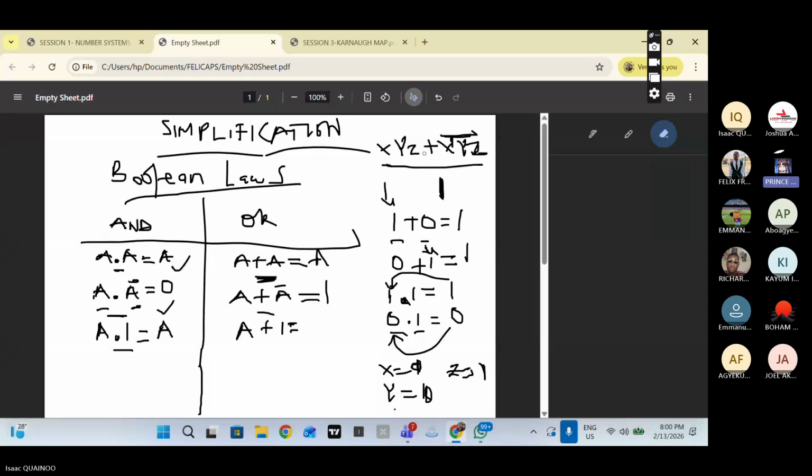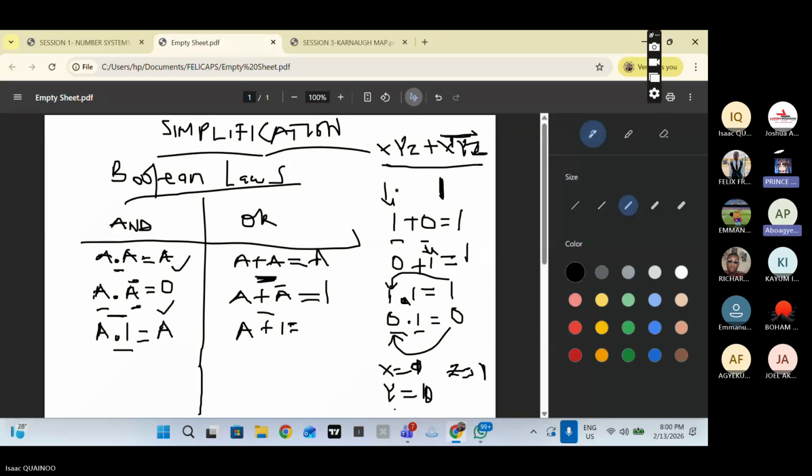Now if we take into consideration the terms you mentioned, X is 0, Y is 1, Z is 1, this means X, Y, Z will just give us an output of 0, because that's basically 0 times 1 times 1, which is still a 0, right? Mr. Prince, you agree to that? Yes, I agree. Good. So if you invert that very term on the other side, the product, instead of a 0, will now become a 1. You understand that, Mr. Prince?